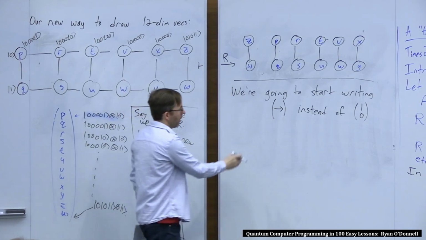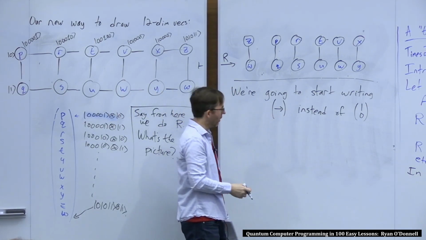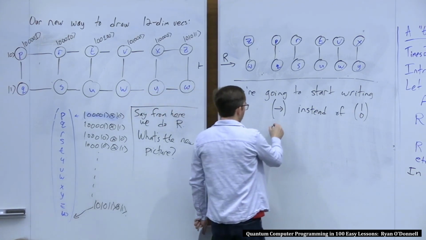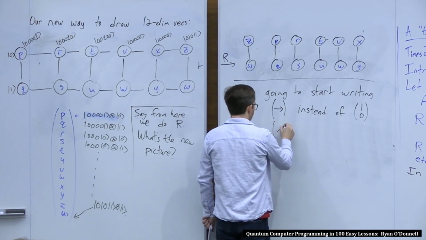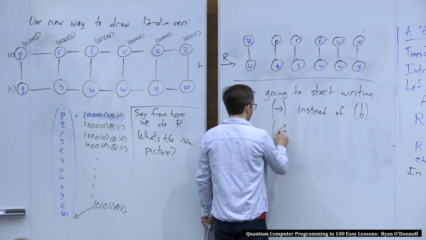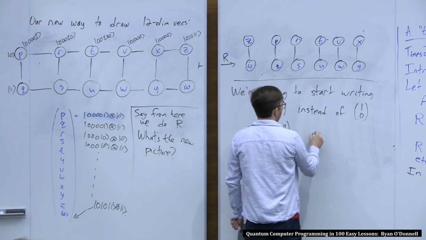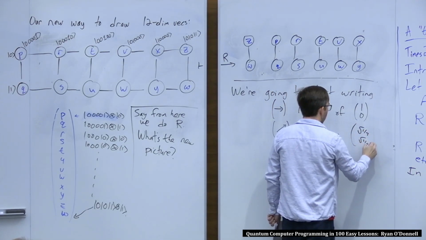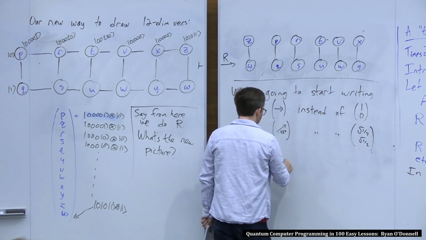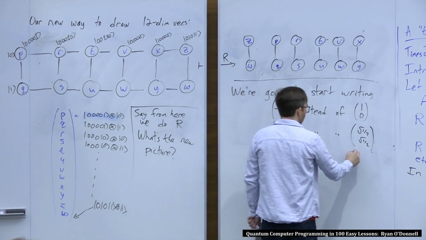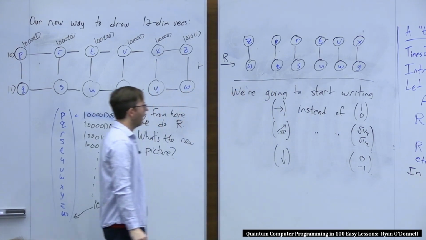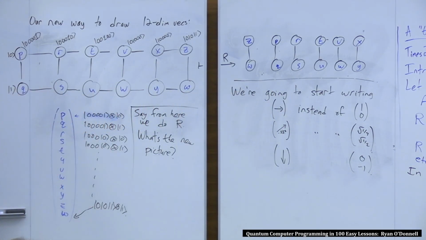I'll put the parentheses to indicate this is a 2D vector, but I'll just draw it as though it were a 2D vector. Or for this one, this is 45 degrees. If I draw that, instead of root a half, root a half. Or if I draw this one, that means 0, minus 1. OK? So I'm going to visually depict 2-dimensional vectors now.